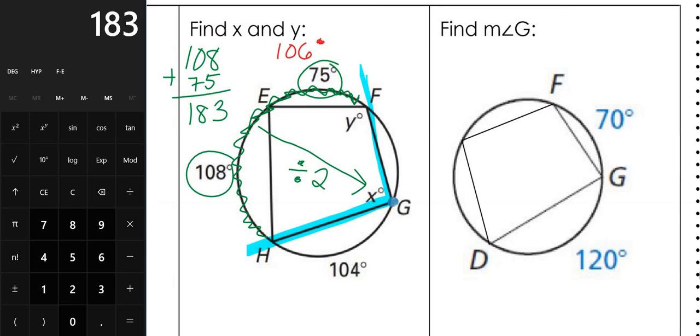As I pull it back towards the angle, I'm going to divide by 2. And I get 91.5 degrees. Okay, so that's the measure of angle x, 91.5 degrees. So we have x and we have y. All right, let's go to the next one.